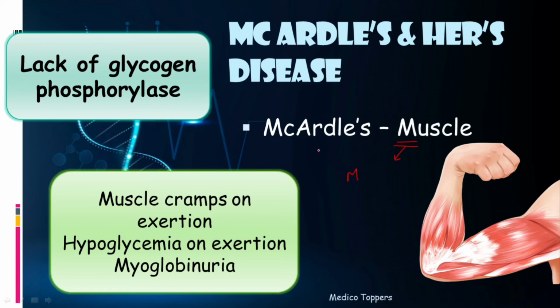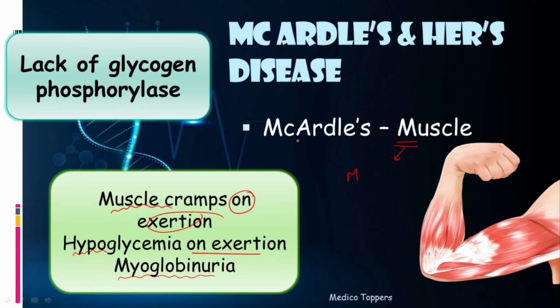So here, because of the lack of glucose or because of the excess amount of glycogen, there will be muscle cramps on exertion. Okay. Then hypoglycemia also we can see on exertion, and just because the muscles are getting cramped and a lot of energy had been put on the muscle, that will lead to muscle injury, and that causes myoglobinuria.